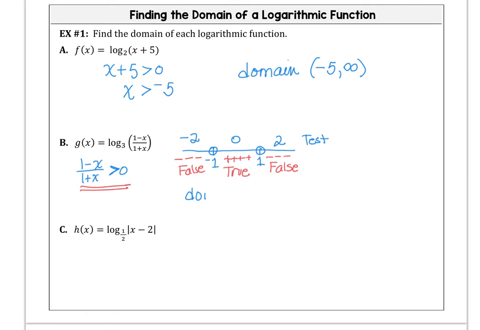That gives us the domain as -1 is less than x is less than 1. Now you could also do that algebraically, but that's a little more tedious, and the number line test works really well in this case. In part C, we've got log base 1/2 of the absolute value of x minus 2.